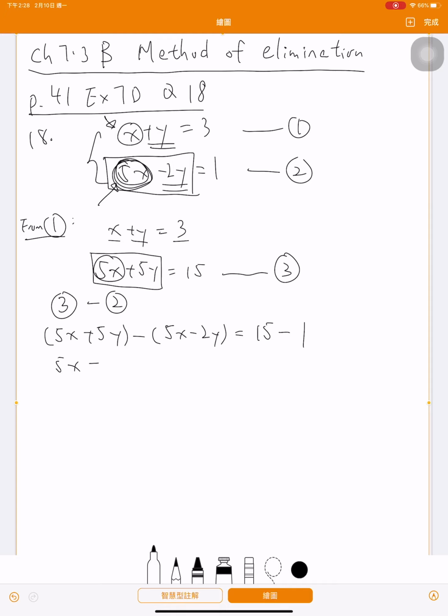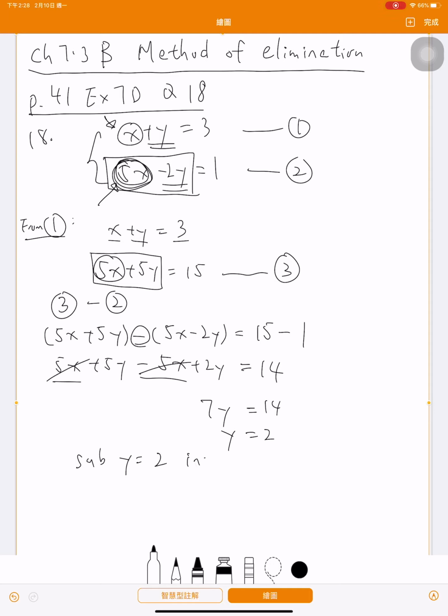Again, just simplify by removing the brackets. This one becomes positive, remember this minus, and then 14. So the 5x terms can be cancelled. So 7y is equal to 14. y is equal to 2. Okay, so again we can substitute the answer to find the x.